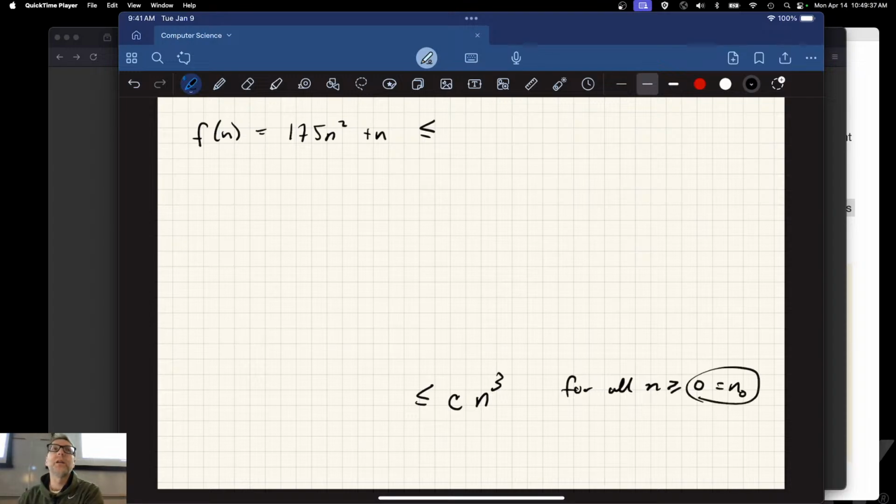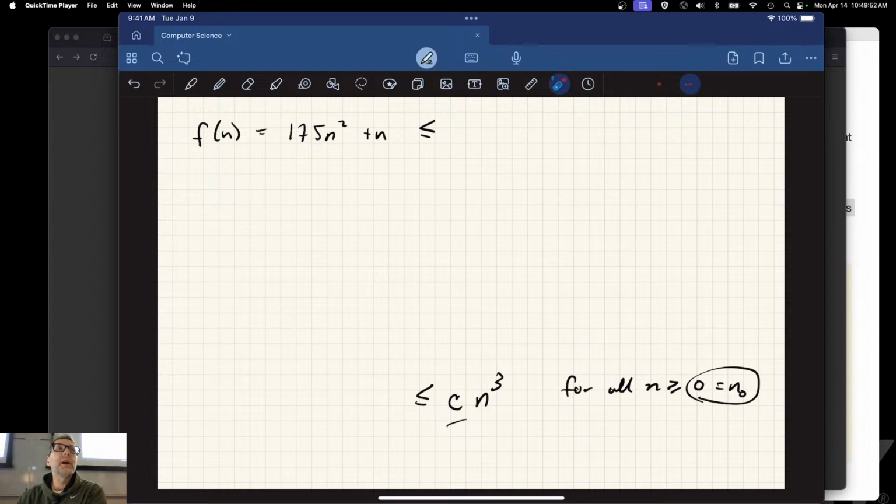I've fixed my n naught to be 0, and I'm trying to find my c here. That's what we want it to eventually look like. All right, how do I make this function bigger? As we've already seen, you can multiply it by a constant.